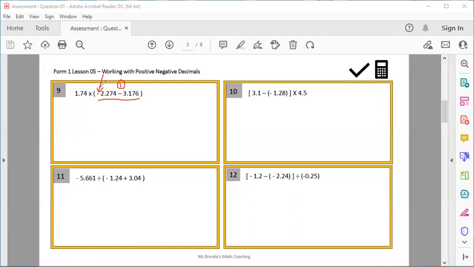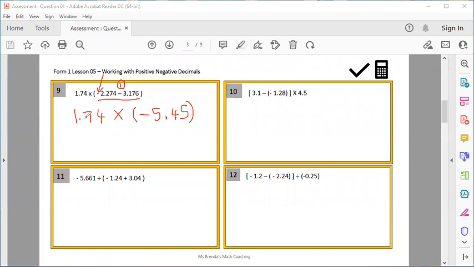So type negative 2.274, then minus again 3.176. Your answer should be negative 5.45. You have got that already.